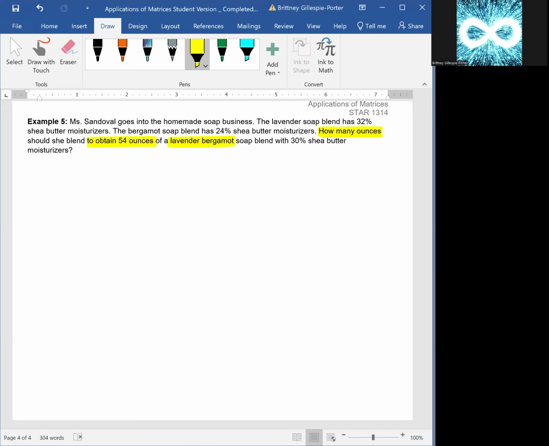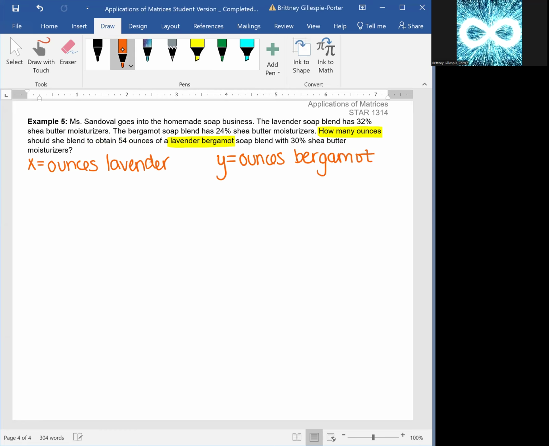So they want to know how many ounces we need of each. They mentioned lavender first, so I'm going to make X equal to my ounces of lavender. And I'm going to have Y be my ounces of bergamot. I'm going to combine those two to get my 54 ounces with 30% shea butter.